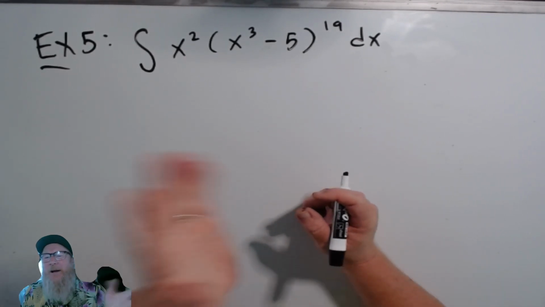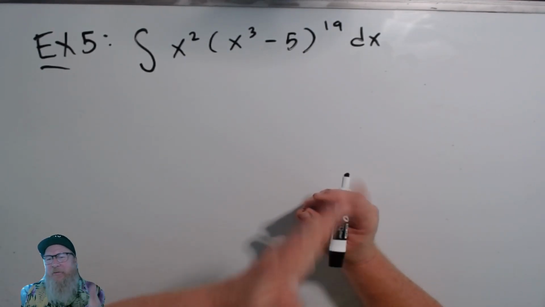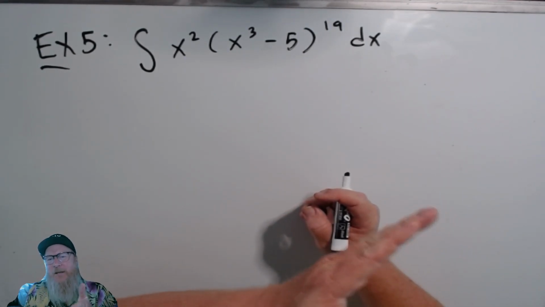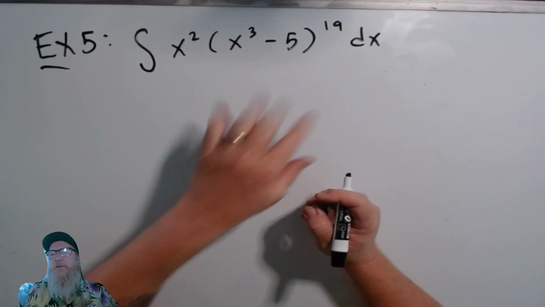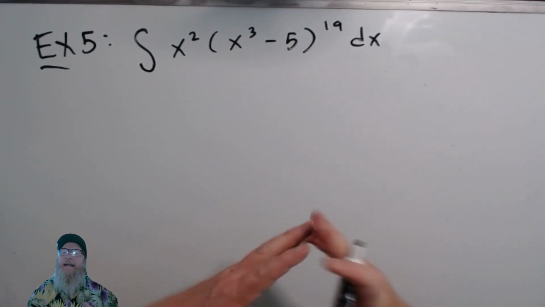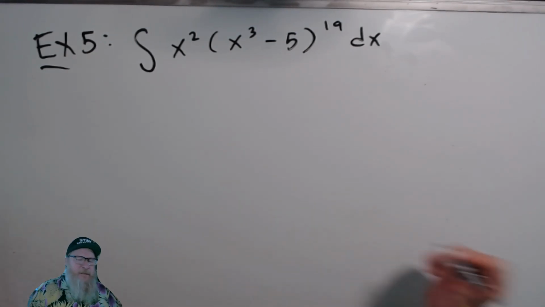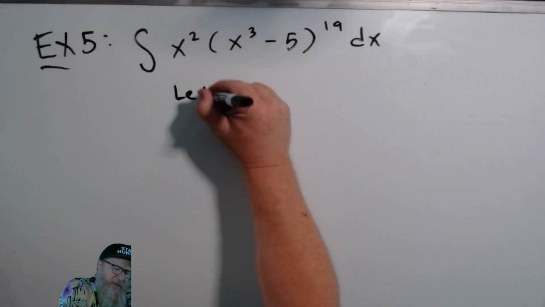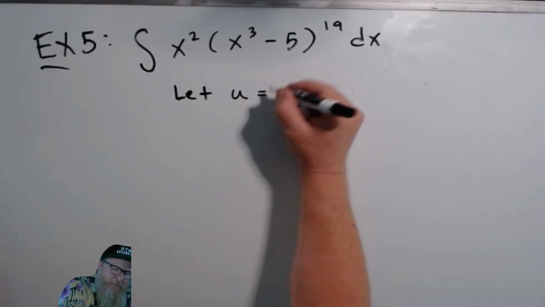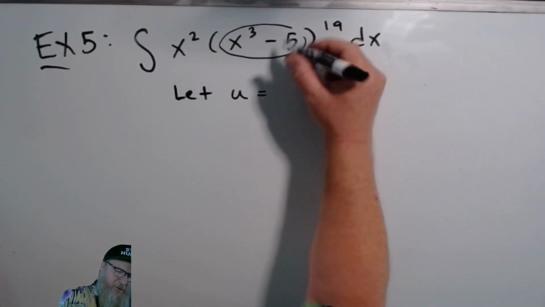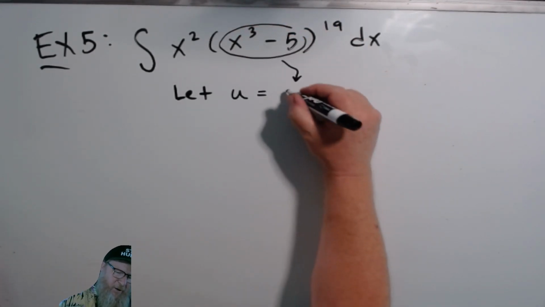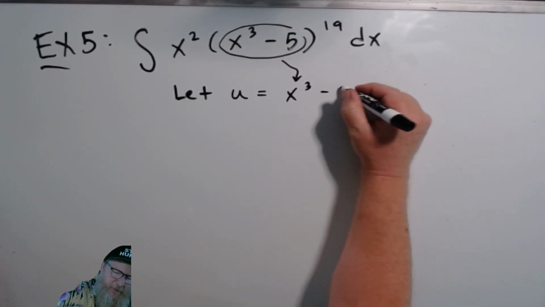But once it gets beyond that, even something like 4 or 5, it takes a really long time to multiply, or what we call expanding a polynomial. So that's where this technique comes into play. We always typically let u be the inside function, or the one with the larger power.